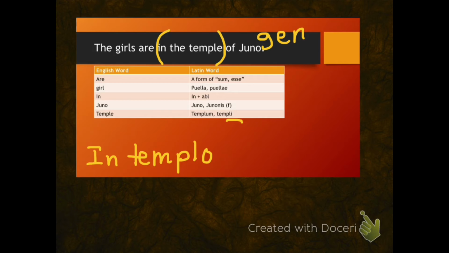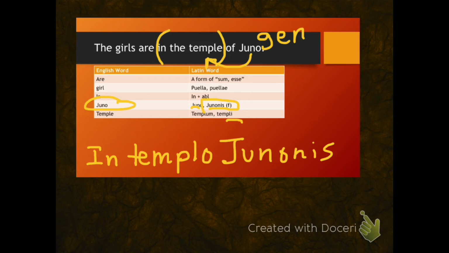Remember when I look at the vocabulary list and I find the word Juno, and then I look at the Latin entry, it's the second word of the entry, Junonis, which is the genitive form. When I use this in the Latin sentence, I want to put it either in front of the word temple or after the word temple. I'm going to keep it after the word temple in my version.